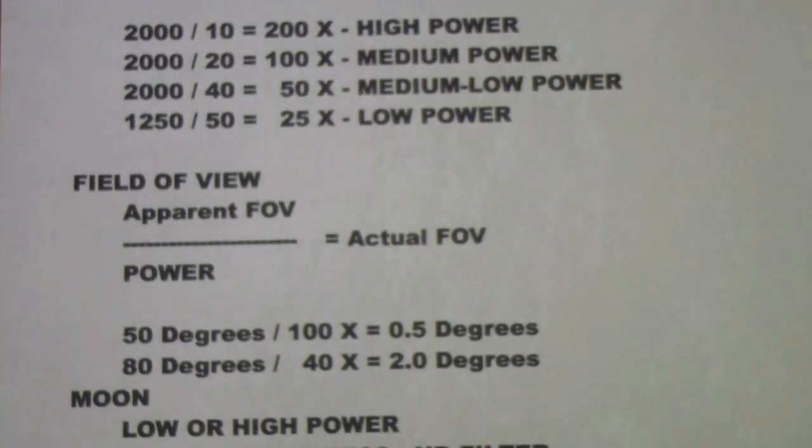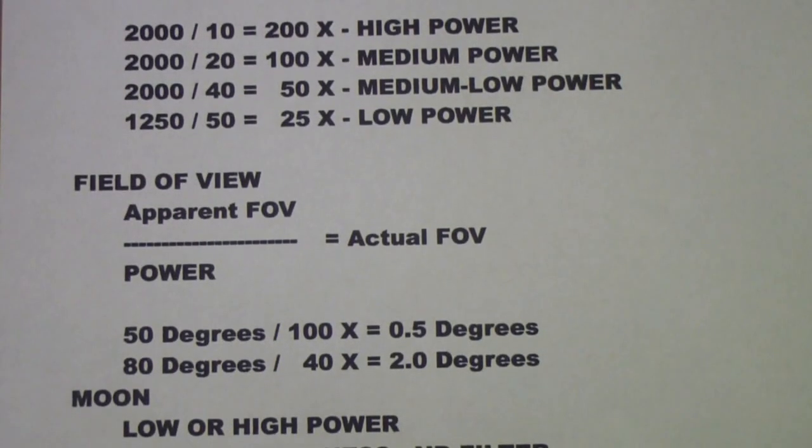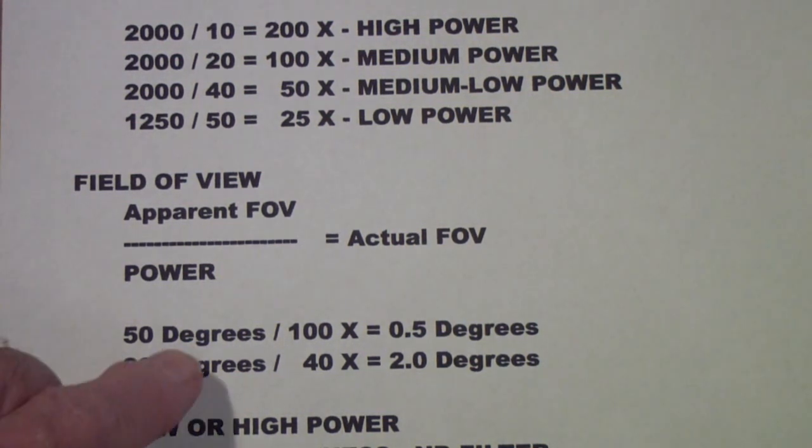But most eyepieces, particularly the ones that come with telescopes today, fairly good telescopes, but not really expensive eyepieces, have apparent fields of view of 50 degrees or less. So in other words, about a third of what you can see with your eye, you can see through an eyepiece, irrespective of what telescope you put it into.